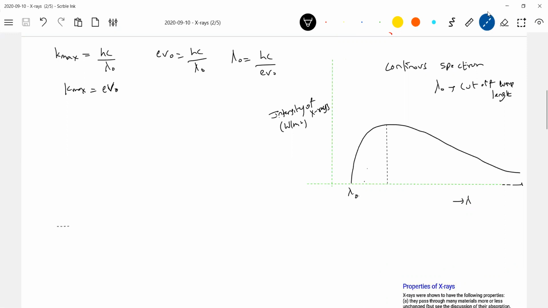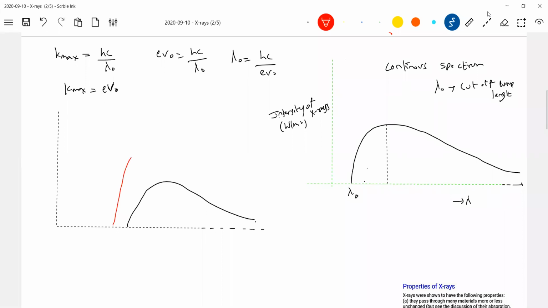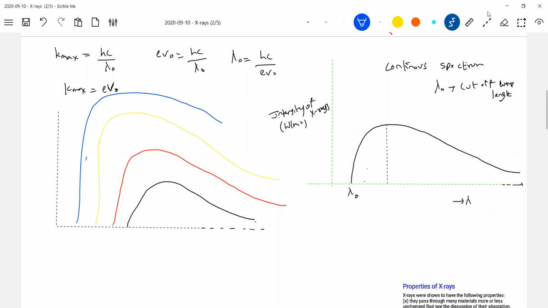Let me go for the graph. This particular curve you have come across somewhere.